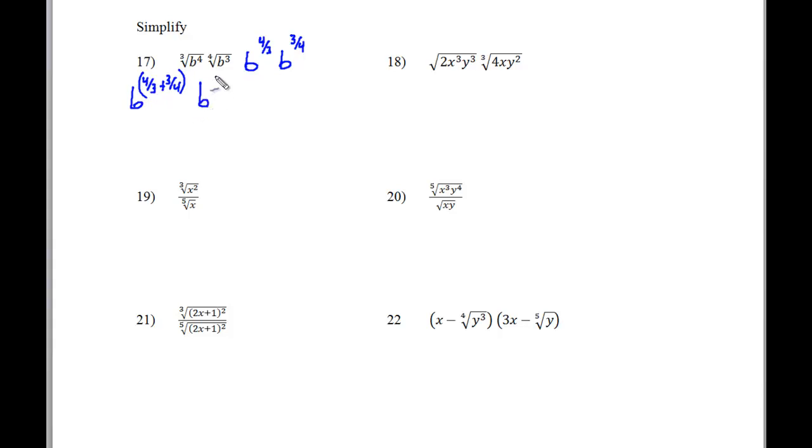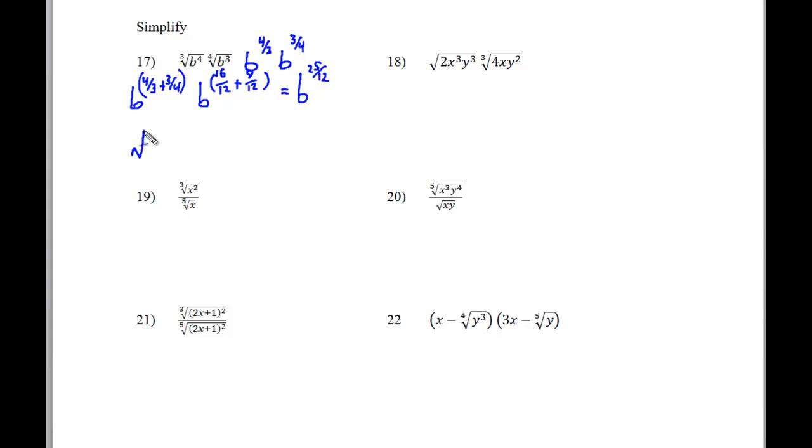So the common denominator of 3 and 4 is 12. Now 3 times 4 to make 12, and 4 times 4 makes 16. 4 times 3 makes 12, 3 times 3 makes 9. So 16 and 9 make a total of 25. And 12 in your denominator.